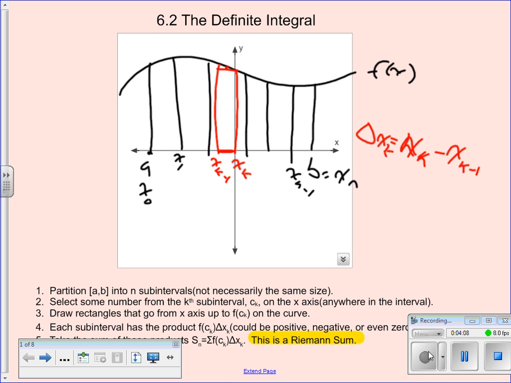That's where our top comes from. That's c sub k. And to find the height, we take that x value and plug it into our function. So our height is f of c sub k.